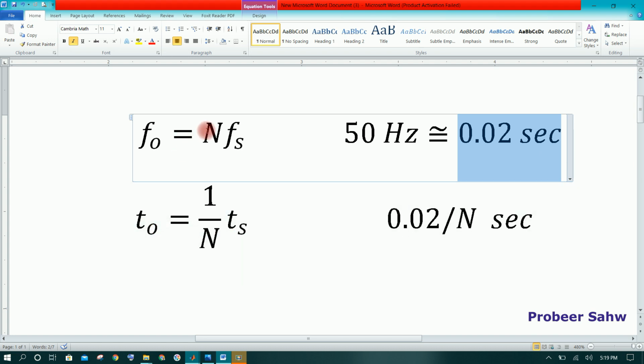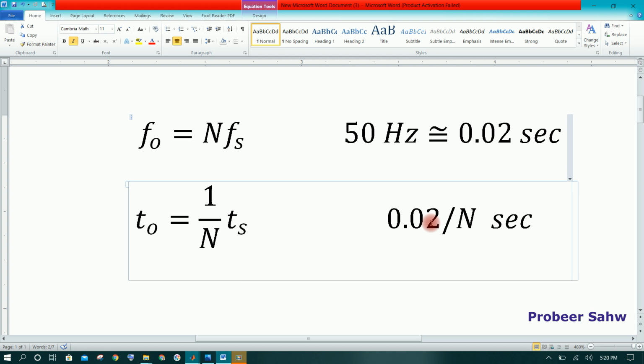For step-up operation where output frequency is n times the supply frequency, time period of one cycle of the output will be 1 by n times the time period of one cycle of the supply. That means the time period of one cycle of the output will be 0.02 divided by n seconds.